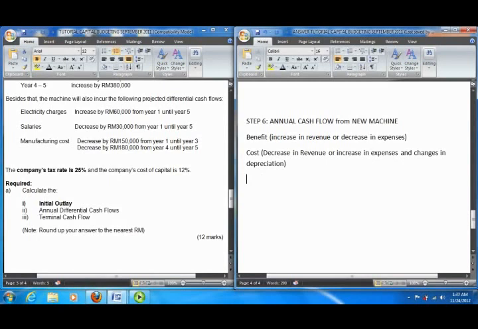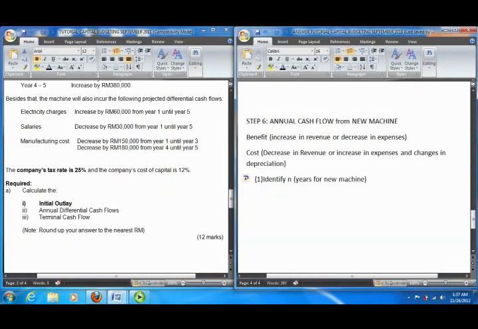First, list out. Alright, first identify your end years for the new machine.